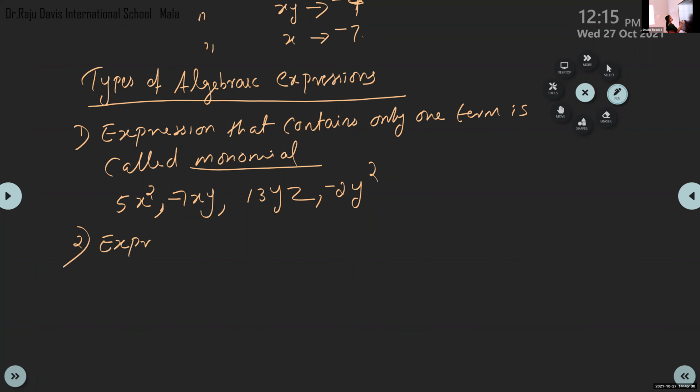Expressions that contain two terms are called binomial.